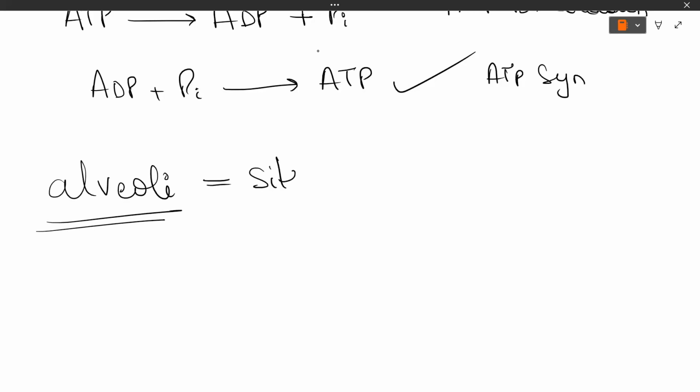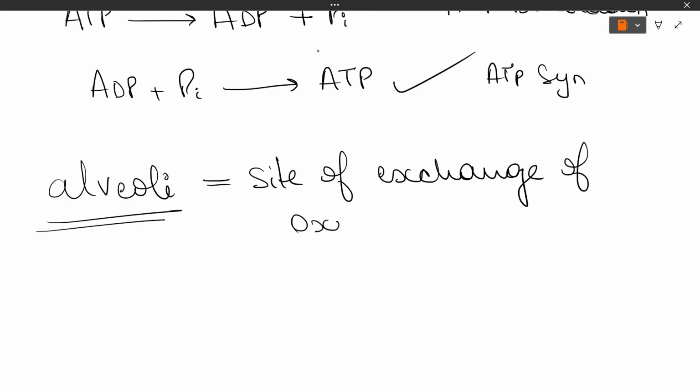Meaning here the oxygen is given to the blood and the carbon dioxide is taken from the blood. And then the carbon dioxide finally is taken out of our body. Understood? The alveoli and the blood all work together for this process.